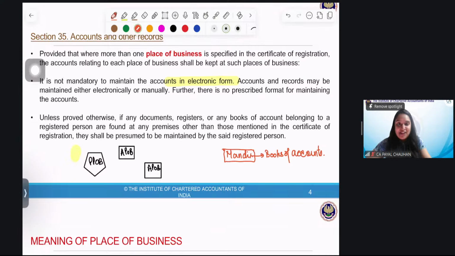Okay, now we'll read it again. See, now read. Unless proved otherwise, if any document, register, or any books of account belonging to a registered person are found at any premises other than those mentioned in the certificate of registration, they shall be presumed to be maintained by the said registered person.